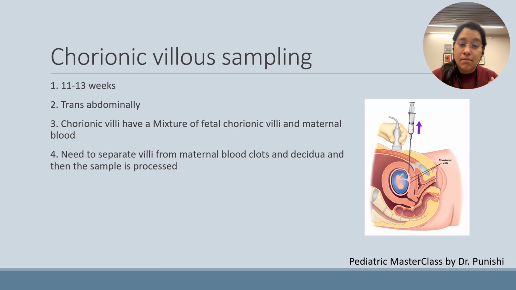So once the sample is aspirated, we first need to separate the fetal villi from the maternal blood and the decidua, and then the sample is processed for its results. This separation is an important procedure which should be done. Otherwise, we might have false or inconclusive results because you don't want to mix the fetal blood with the maternal blood. Okay, so this is what is done in a CVS procedure.